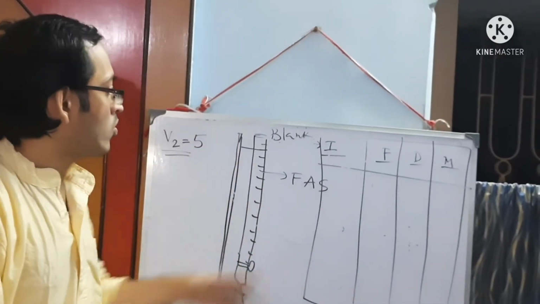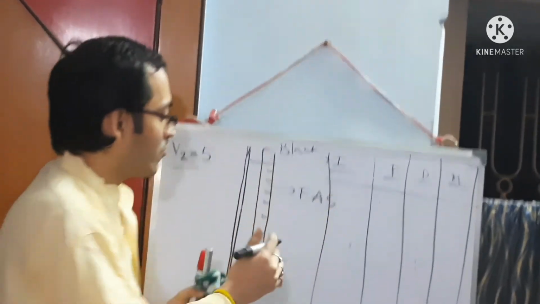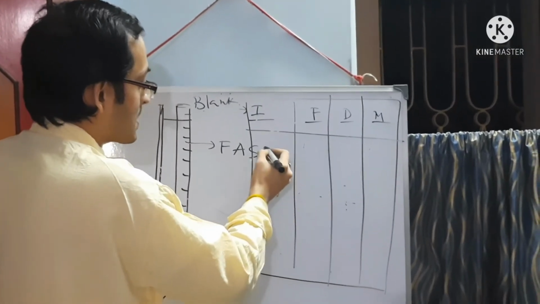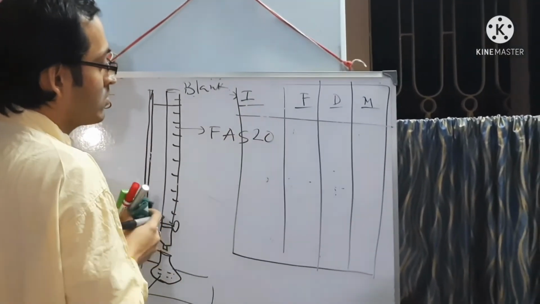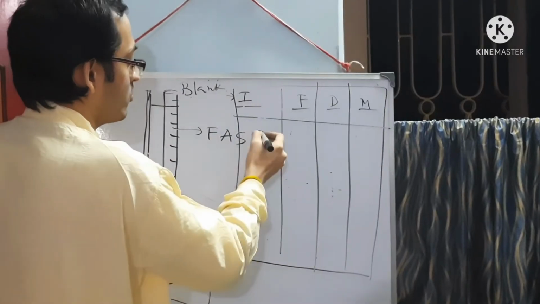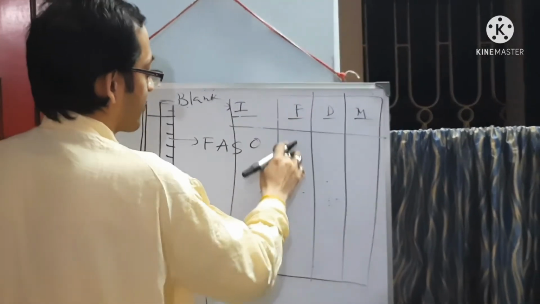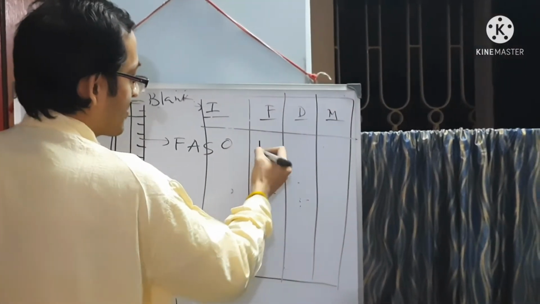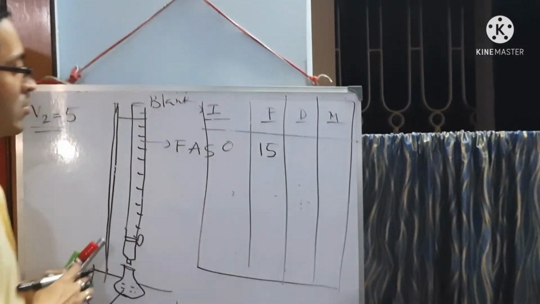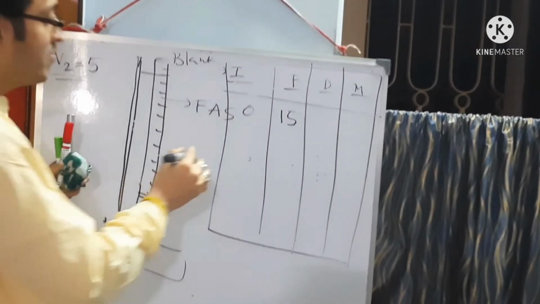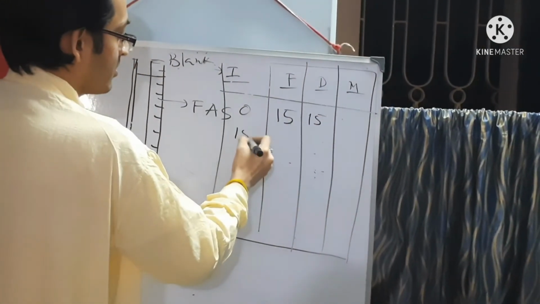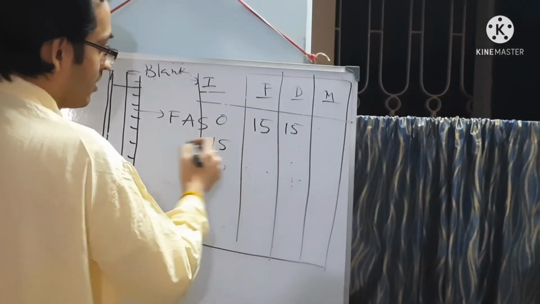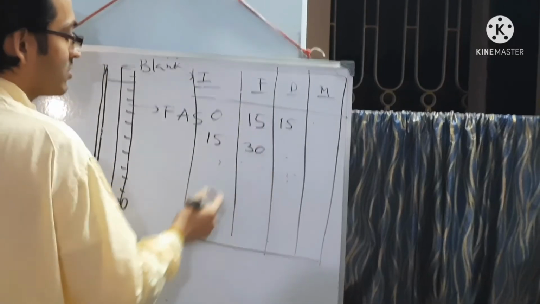So for the blank, similarly we found that from 0, 0 was the initial. So final reading was 15. The difference was 15. Then for second titration, initial was 15, then final was 30.